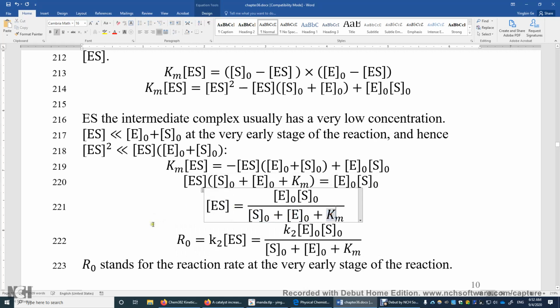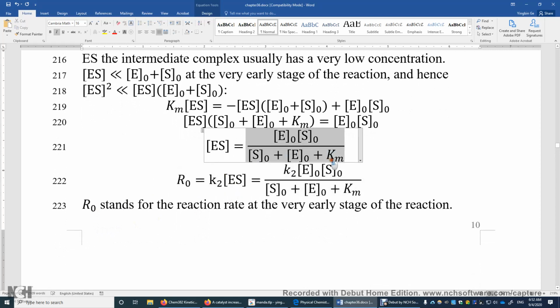Alright, so that's it. Once we get the concentration of ES, remember the reaction rate is k2 times ES. We just replace ES with its expression.